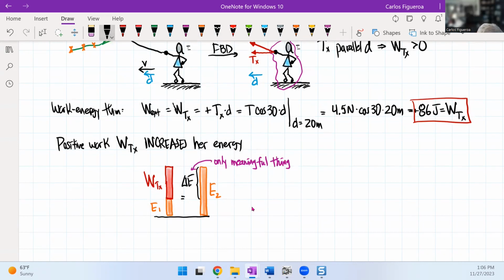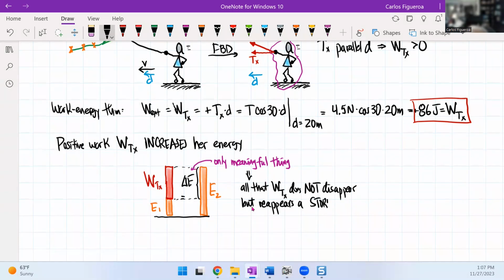All of that work, Tx, does not disappear, but reappears as stored work, which we call the change in energy.